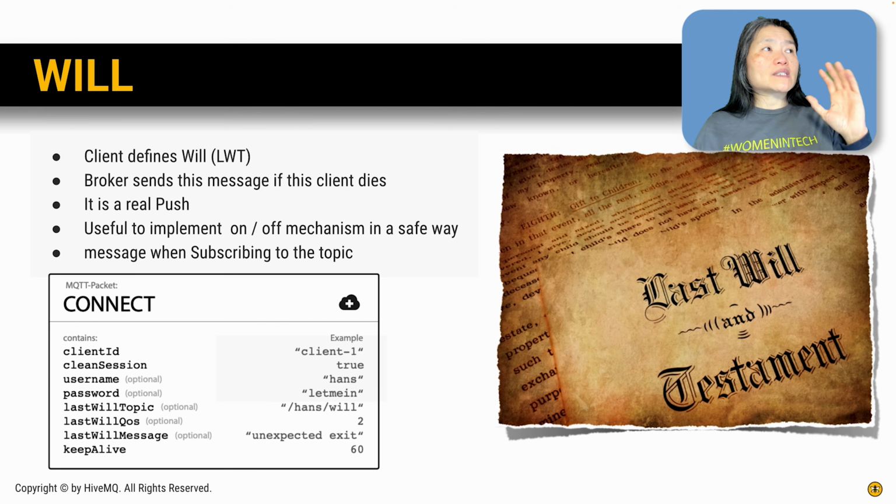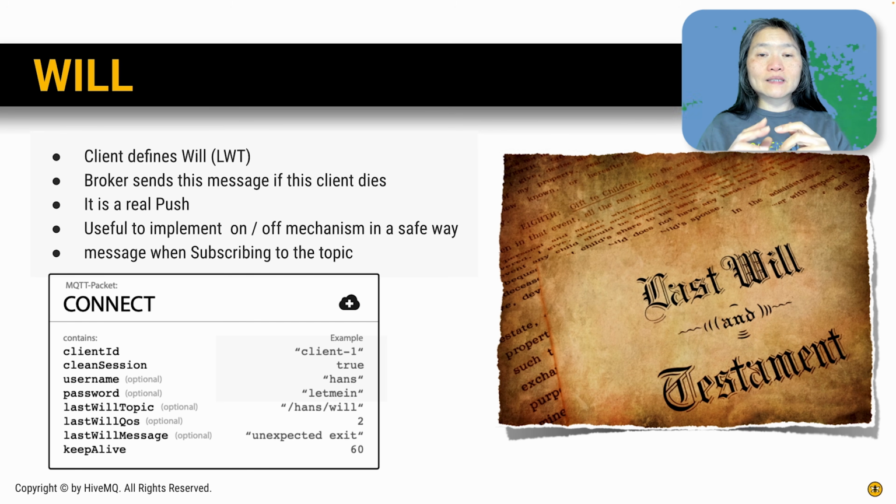So the broker will send this message if this client dies, right? And it is a real push, so it's useful. The usage is basically to implement some kind of on-off mechanism in a safe way. So let's say you do an on, and then your client goes away, but you actually need to turn something off, maybe like a nuclear plant. You need to turn off some switches and things like that.